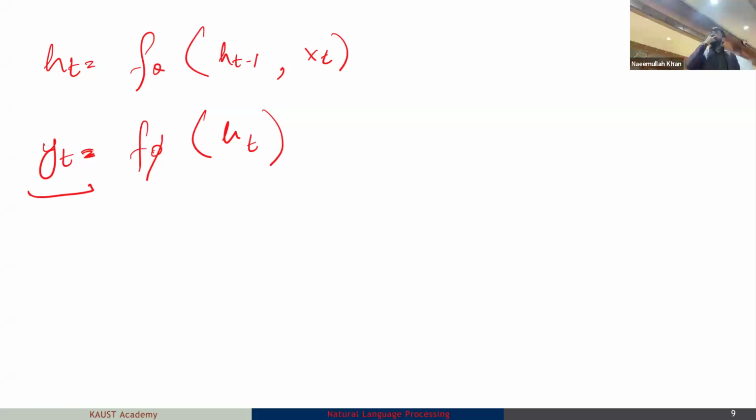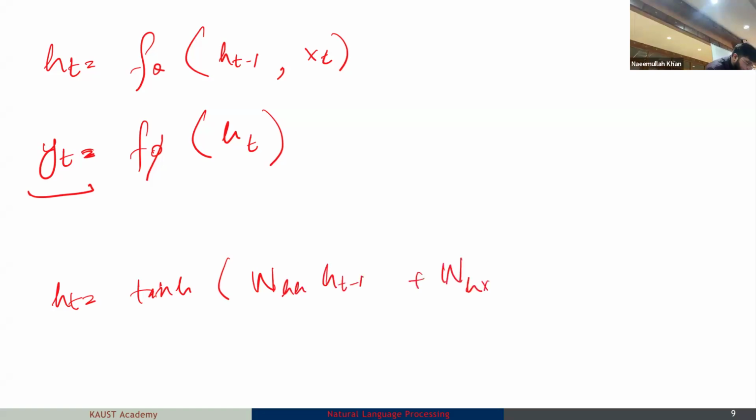So the typical architecture for a recurrent neural network is basically some nonlinearity, typically a tanh. And then y, let's say that I have a binary classification problem, a sigmoid of, first you have a bias term.